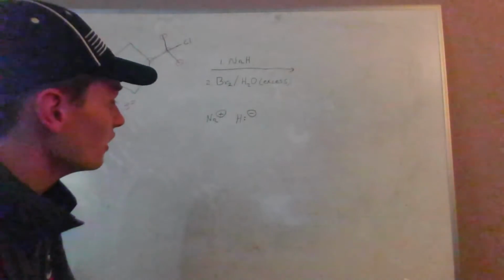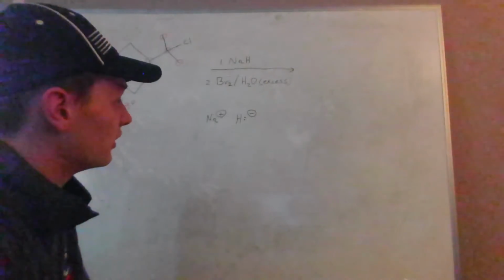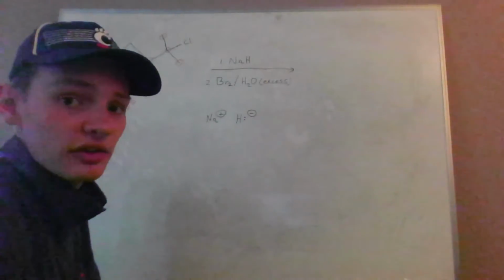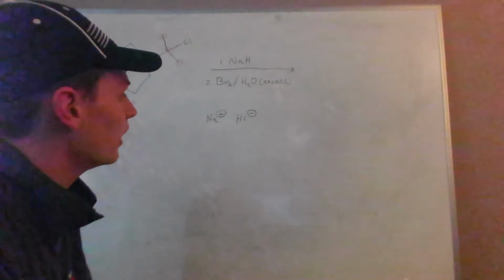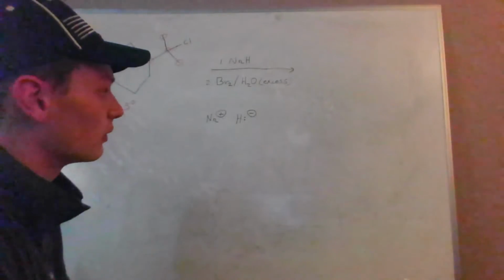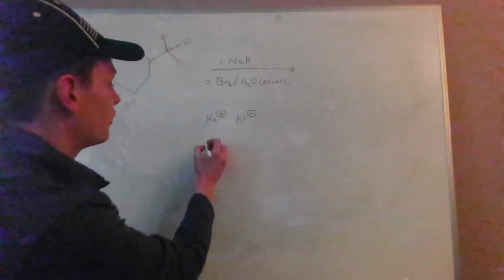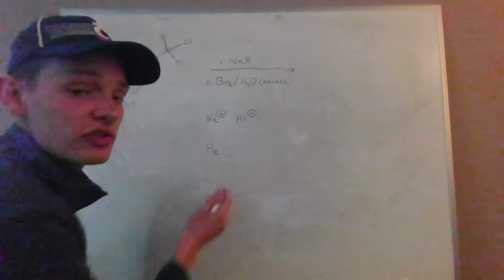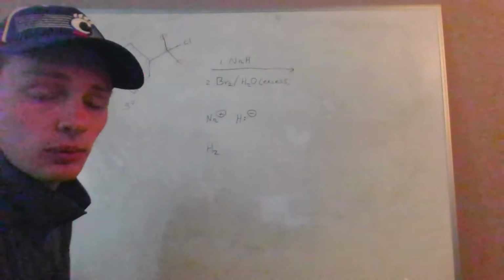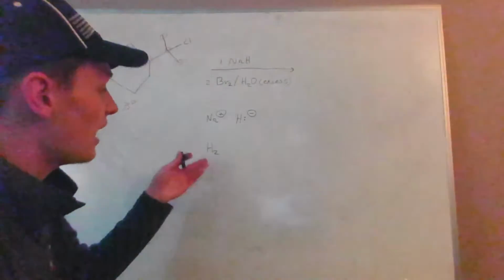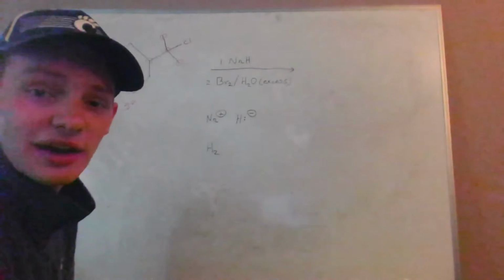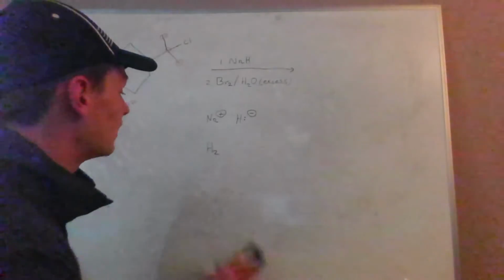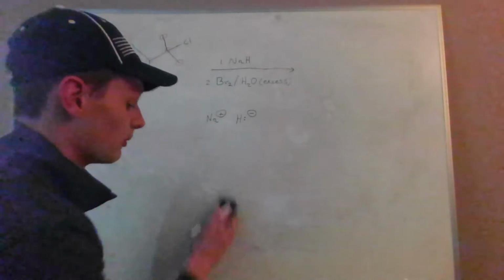Well, I can tell you that this lone pair of electrons is not going to behave like a nucleophile, actually. But I can also say with certainty that because H2 is a very stable diatomic molecule that we're all familiar with, that is what our H- anion is going to want to become to be as stable as possible.